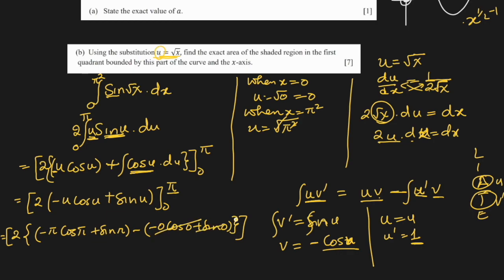This is 0, this is 0, so ignore them. That means this 2 will multiply only with this one. So minus 2 pi cos pi, and cos pi is negative 1. Sin pi is 0, so 2 times 0 is 0. So negative 1 times negative 2 pi will be positive 2 pi. That is the area under the curve.